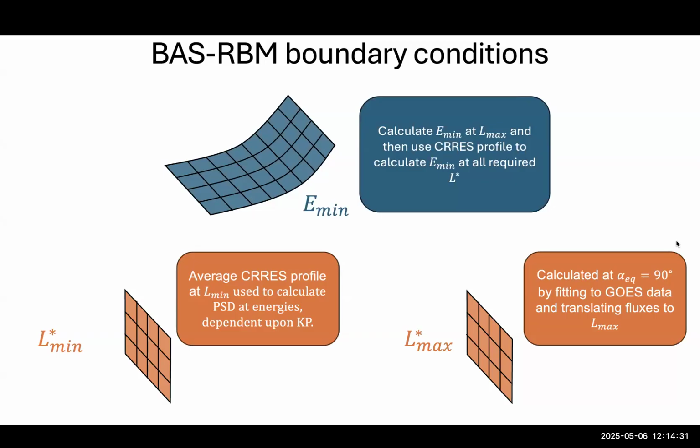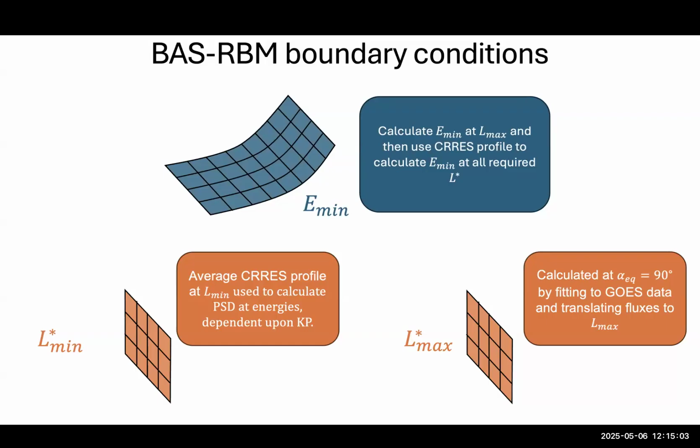And then this should be calculate the flux or phase space density at the minimum energy at the outer boundary, and then use the Ceres profile to calculate the minimum energy at all required L stars.